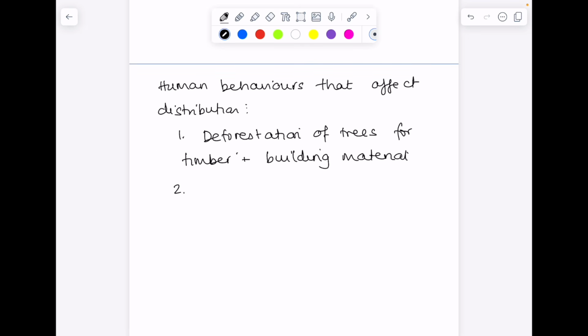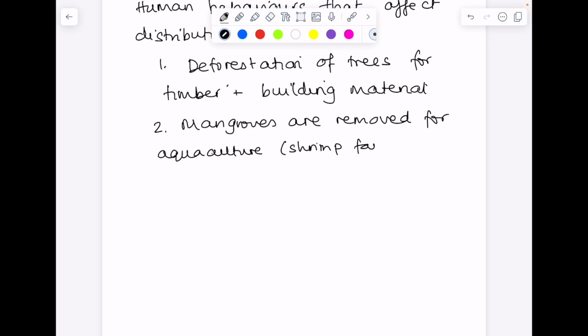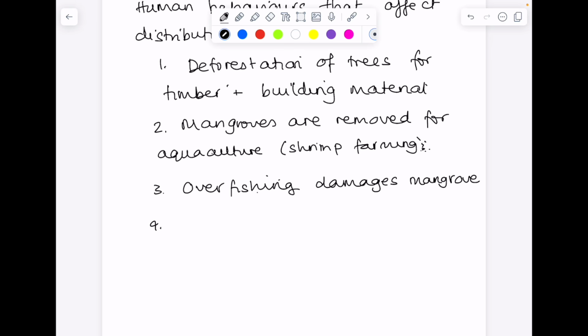You also find that mangroves are commonly removed in order to make space for aquaculture, such as shrimp farming. Overfishing causes damage to mangroves, and application of pesticides on farmland may wash into mangroves, causing further damage.